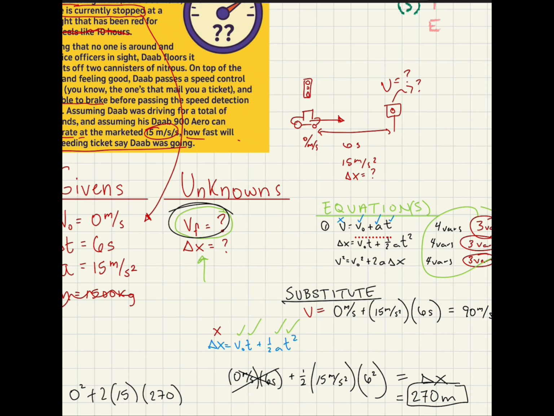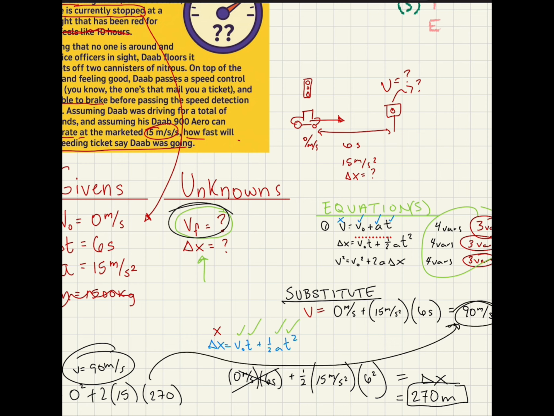Don't forget you would have to square root the end value, that 270 times 15 times 2. So I'm going to make sure my square root button's working. There we go, and we can see that it gives me 90. That's a good way to check. It checks out because this and this are the same.